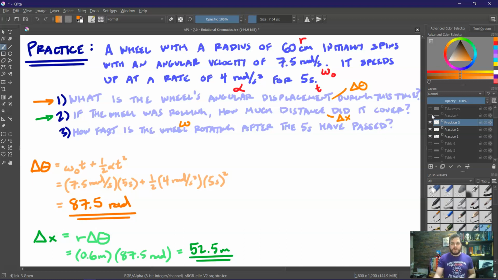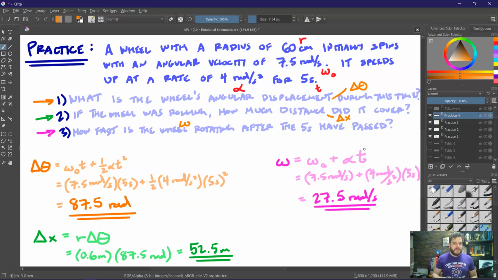And lastly, we look for omega, or the final angular velocity. We could use omega is equal to omega naught plus alpha times t. We substitute in our values, and we get that the final angular velocity after these 5 seconds is 27.5 radians per second. So that's how quickly it's rotating now after these 5 seconds have passed.